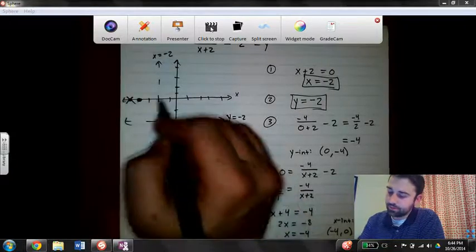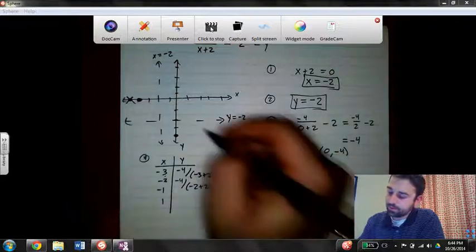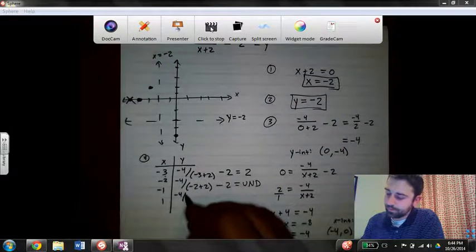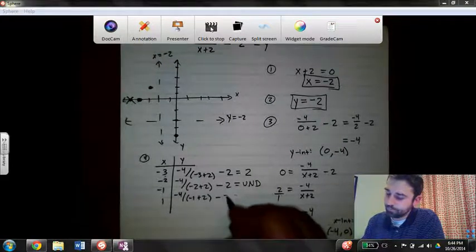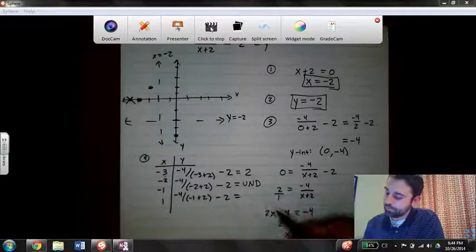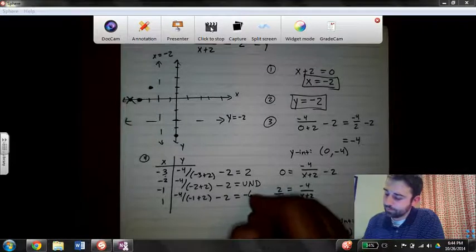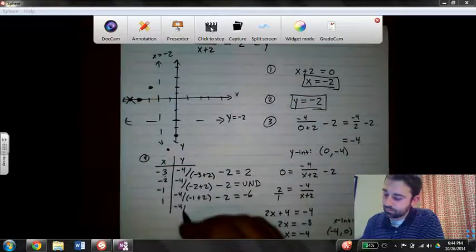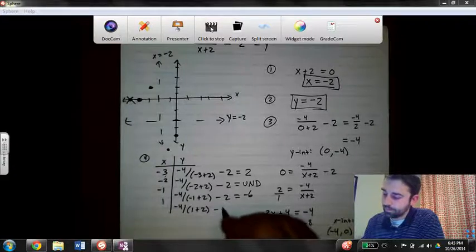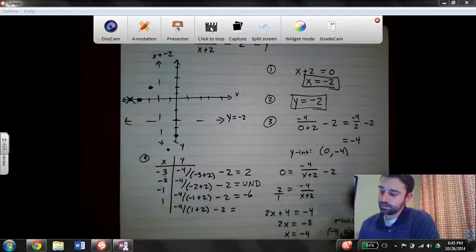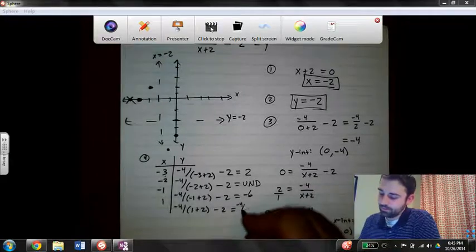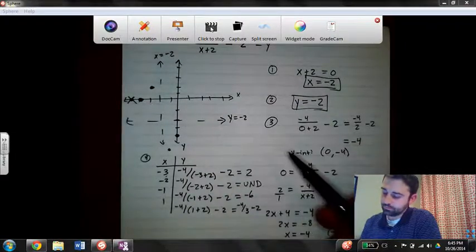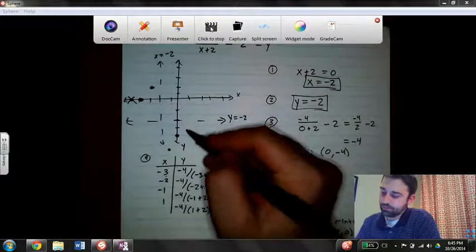And so at -3, I have a value of 2. And at -1, I have the value -6. And at 1, I would have -4/3 minus 2, which is going to go right below here.